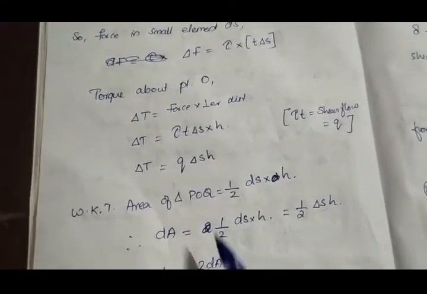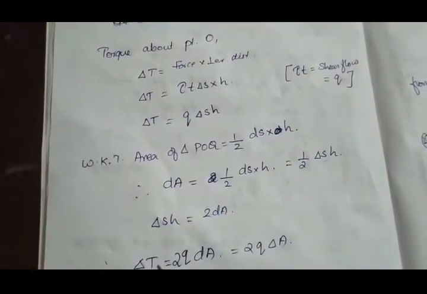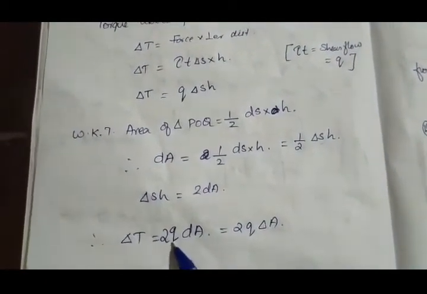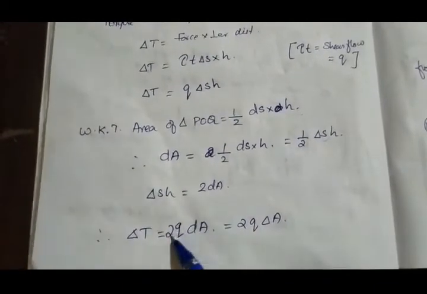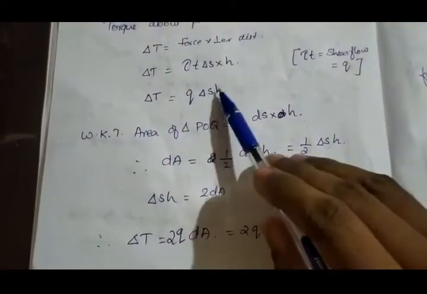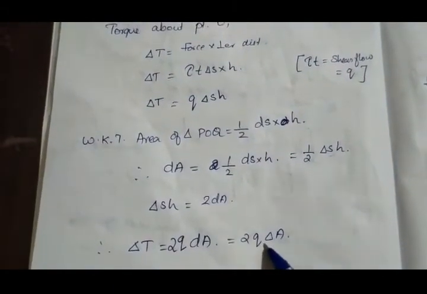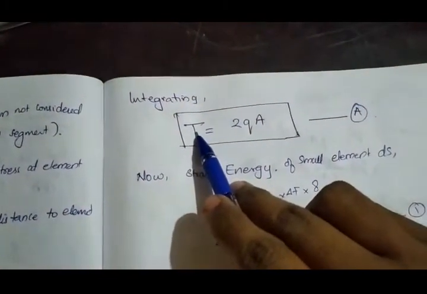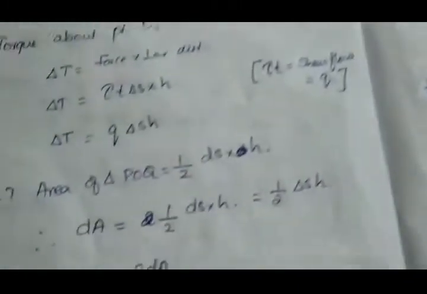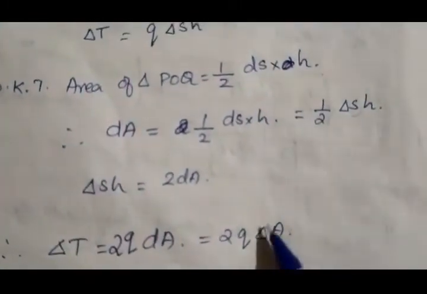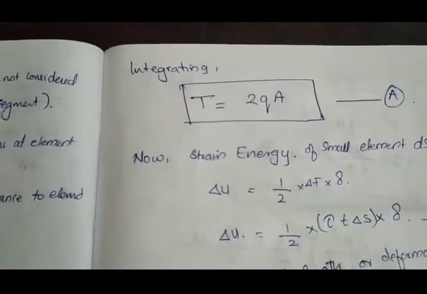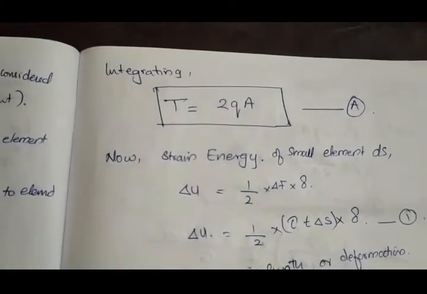Substitute here, so delta T becomes 2 into q into dA. If you integrate that, the total torque will be 2q into A, which is the torque for a closed section.